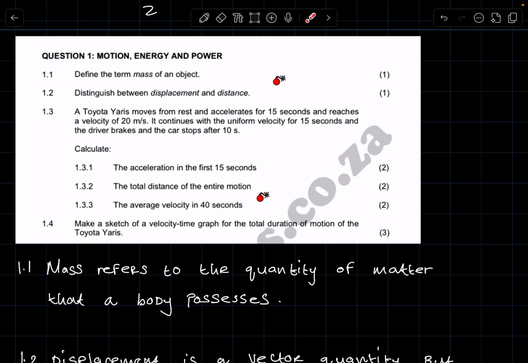essentially, if you look at the statement, the car moves in stages. There's part of the motion where the car is accelerating, part where the car is moving at uniform velocity, and a section where the car is decelerating.